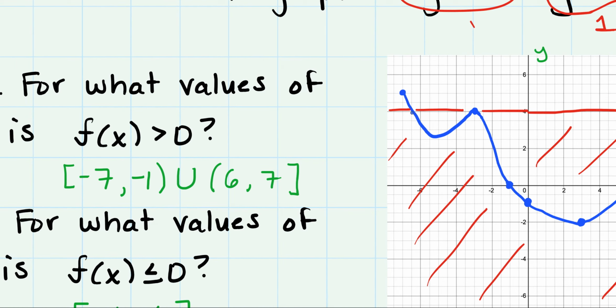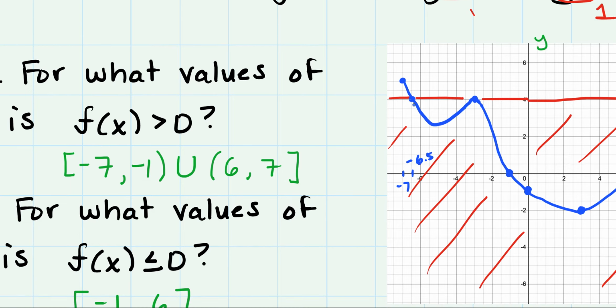You can see that it looks like it goes through right here. So if I bring this down to here, remember this is negative 7 because every 2 counts as a unit. So this is halfway between negative 6 and negative 7, so negative 6.5.